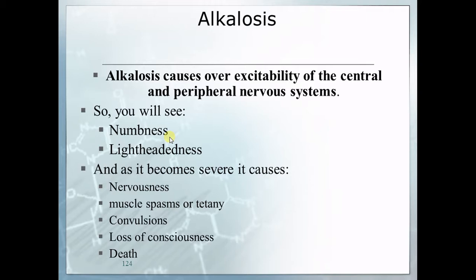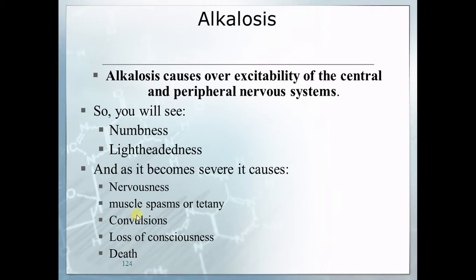So when you're blowing all that CO2 out quickly, you don't just get tired and just want to fall over and go to sleep. You get lightheaded. You get a little bit dizzy. You get tingly. You start getting a little bit anxious, like, whoa, and that feels uncomfortable. So you get this nervous sensation. And then what could happen is, well, probably not with a balloon because you know better than to keep blowing, but with somebody in a massive state of alkalosis, they can start convulsing. And think about it.